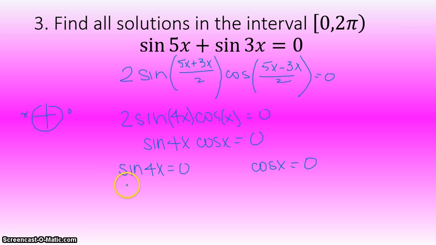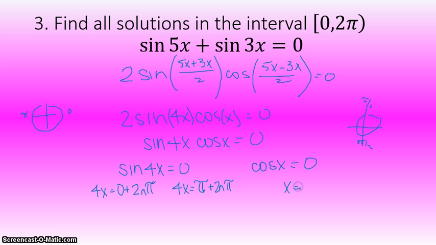So that means 4x equals 0 plus 2n pi, and 4x equals pi plus 2n pi. Over here, cosine x equals 0, so cosine equals 0 up here at pi over 2 and down here at 3 pi over 2.